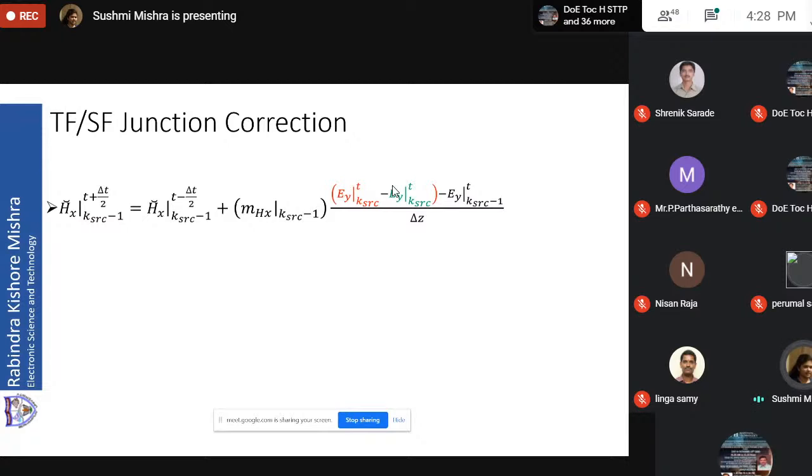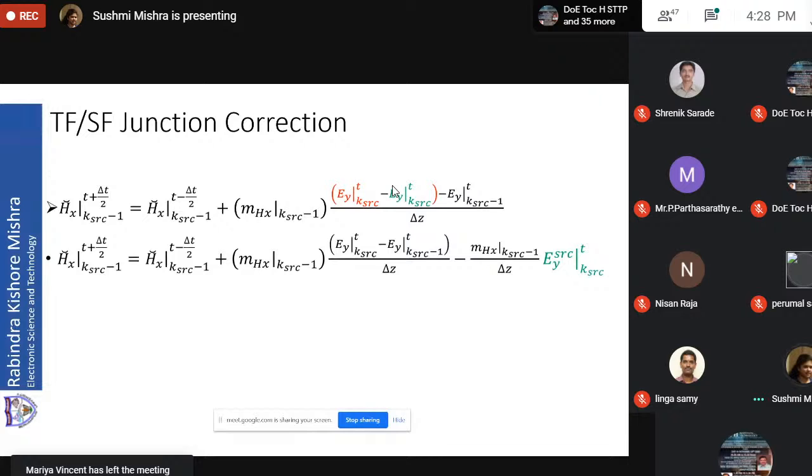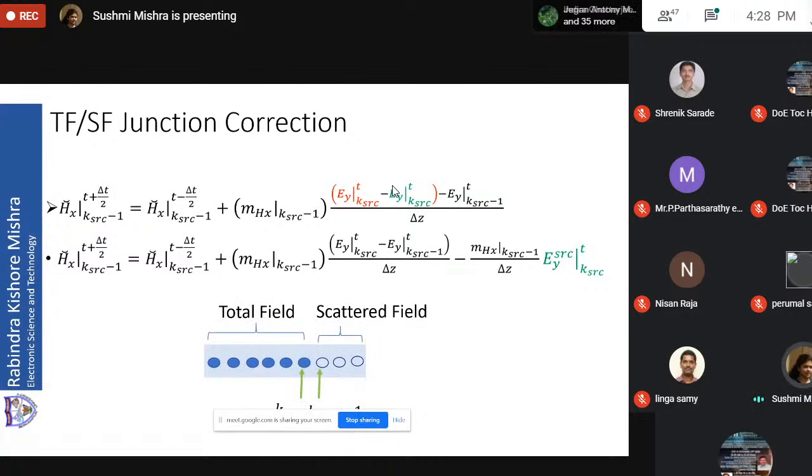What I have done is the green point shows the source term is subtracted. So it looks as if we are doing the normal FDTD operation, with the final right hand side term having the source subtracted from it. So do the normal FDTD operation up to the ksrc minus 1 point, then subtract the source from that. That will give you the field value in the total field.